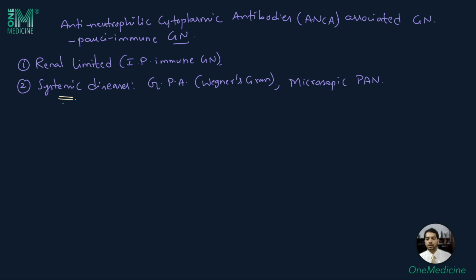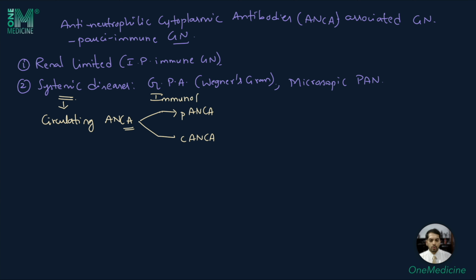The characteristic finding of this disease is circulating anti-neutrophilic cytoplasmic antibodies. There are two important types. The first one is P-ANCA, the second one is C-ANCA. They are detected by immunofluorescence of alcohol fixed neutrophils.